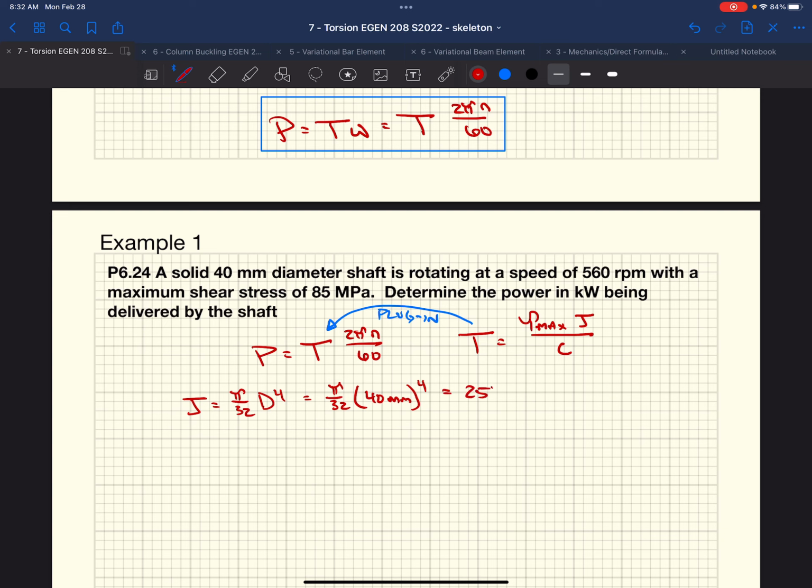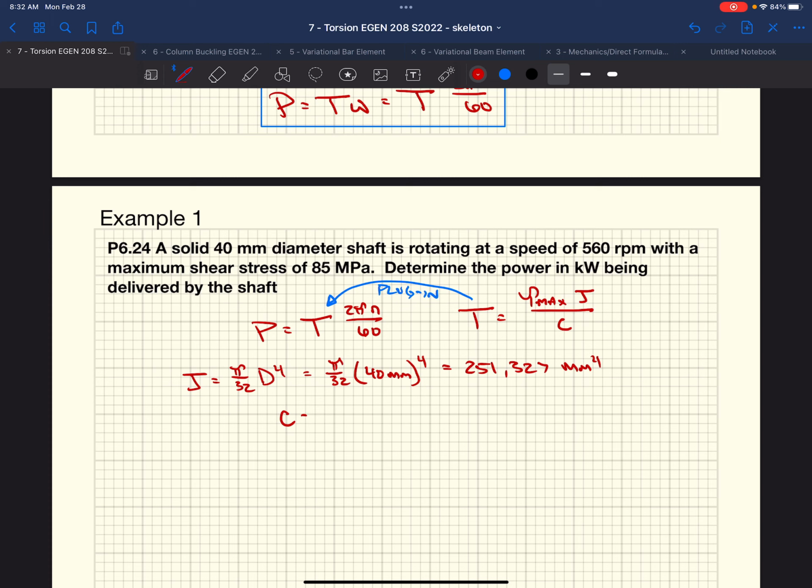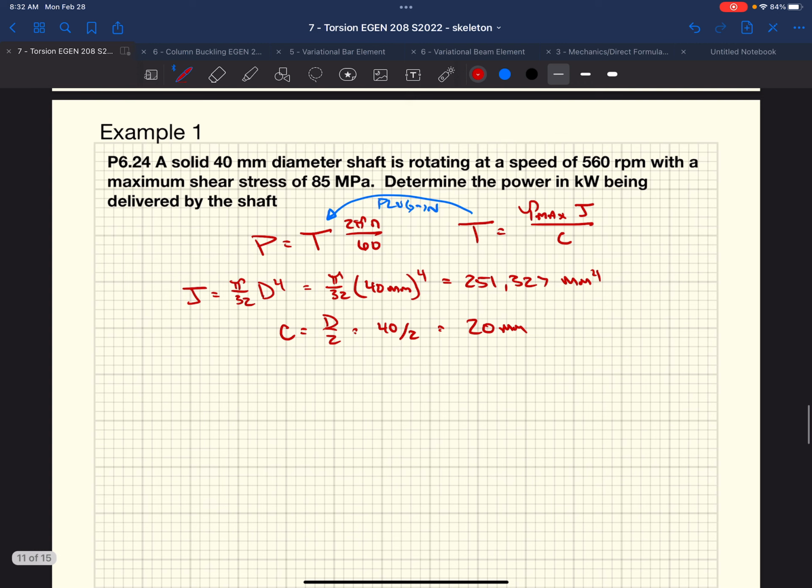Well, 251,327 millimeters to the 4th. Maximum radius in that equation is just d over 2, so 40 over 2, 20 millimeters.